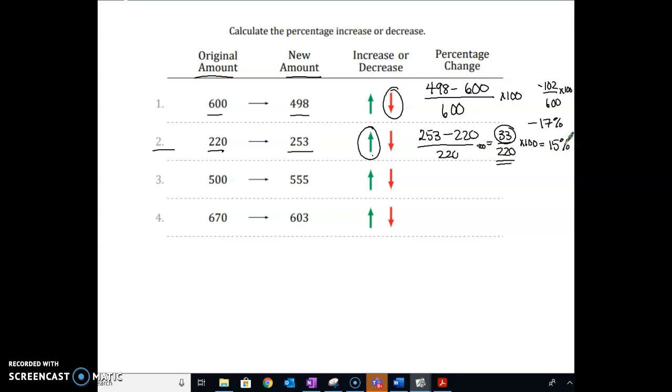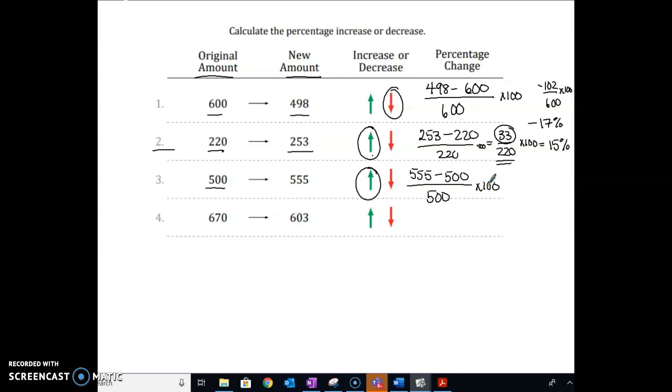There's another 2 examples, and as soon as you read it and you see 500 that goes to 555, you know your answer is going to be positive. You are going to take the original, it's going to be an increase, so it's going up. So the answer will be positive when you subtract the new value minus the original, divided by the original, and times it by 100.